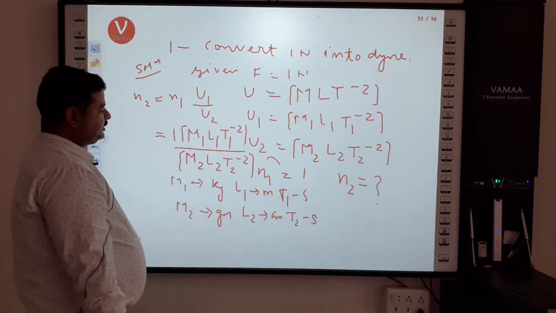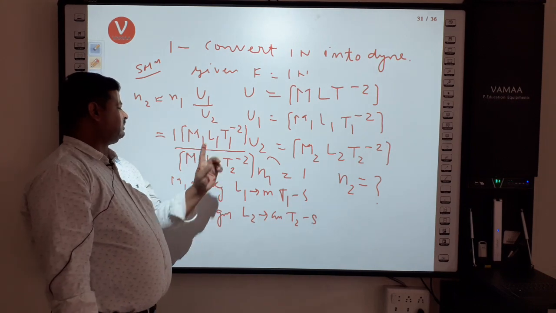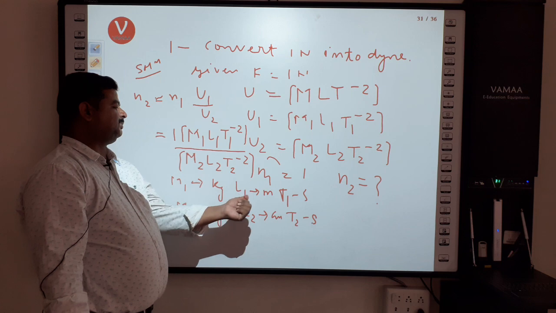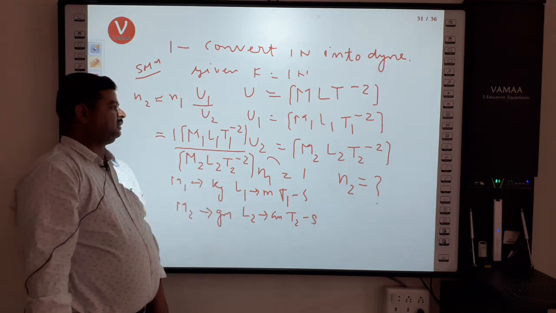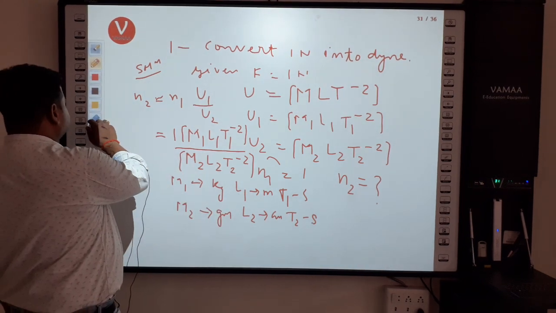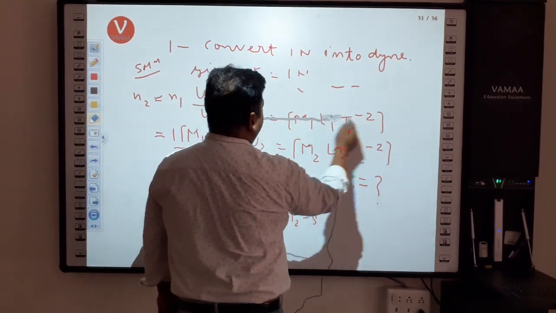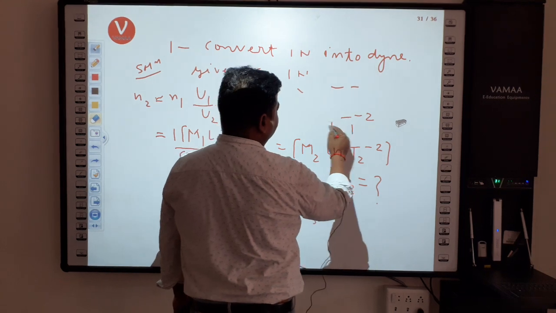So we put these values in place of M1, L1, T1, M2, L2, T2, and calculate the numerical value in the second system.